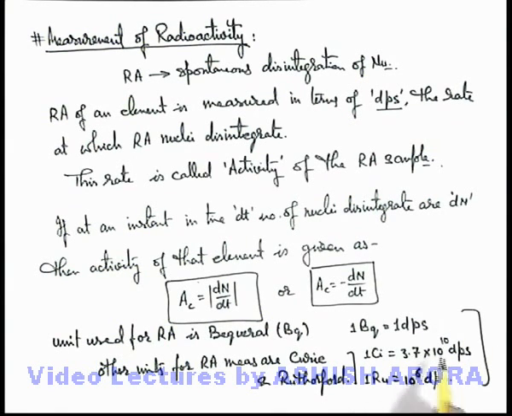So these are the units which are generally used for radioactivity. Nowadays the becquerel is an obsolete unit. In most of the cases Curie is used, and disintegration per second is the base unit which is generally used for numerical calculations.